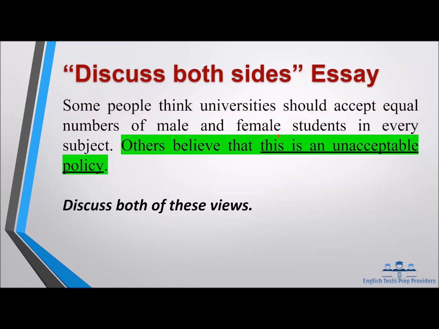Be careful with the pronoun this. The antecedent of the pronoun this is the opinion of the aforementioned statement. So there is a group of people who believe that this opinion is an unacceptable policy.